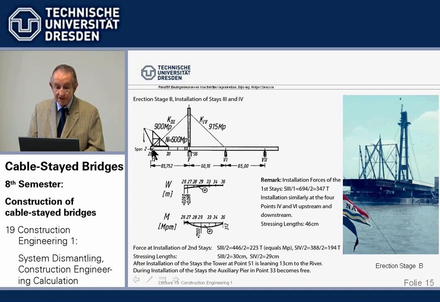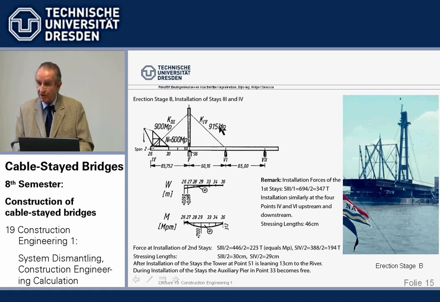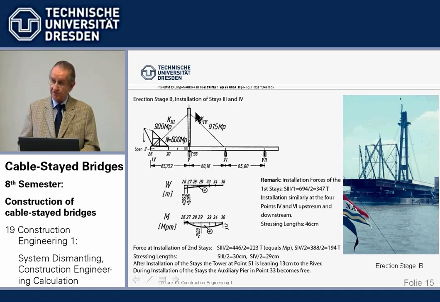We can check the tip of the beam, 9 centimeters, and we can check with a plumb bob, with a laser beam, that the tower is leaning 13 centimeters. And we can check the cable forces, and as long as all that is reasonably close, well, we're in good shape and we can go on.